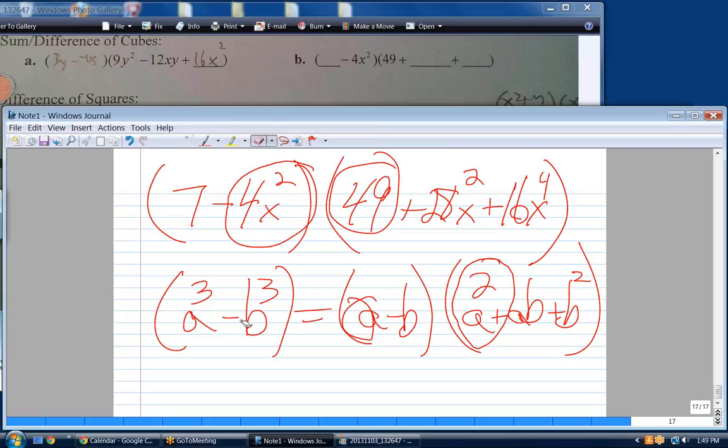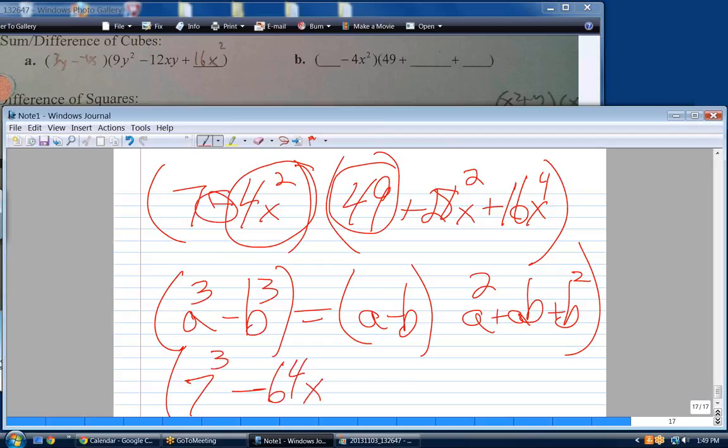In other words, here's what I started with. Let me write that down below. What I started with was 7 cubed minus, to agree with this sign there, this cubed, which would be 64x to the 6th. That was the beginning. If I factor this bottom thing, I'm going to get that. Because what do I get?